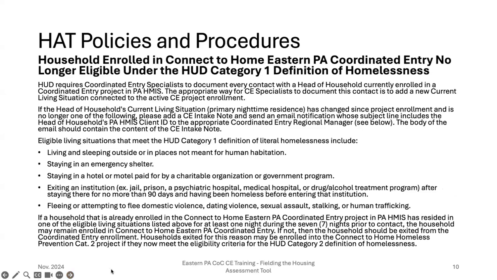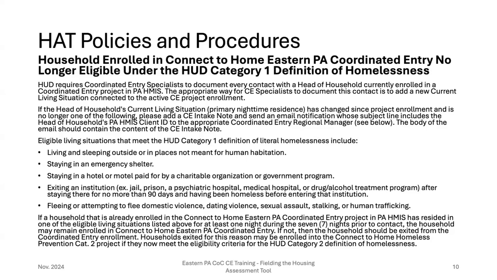The next HAT policy: if a household enrolled in Core Entry is no longer eligible under the HUD Category 1 definition of homelessness, what does the CE specialist do? This is an update of our existing policy, so I want to walk through this carefully and make sure that everyone understands it.